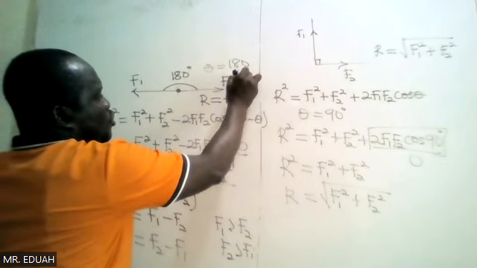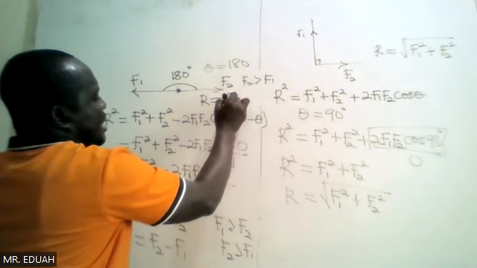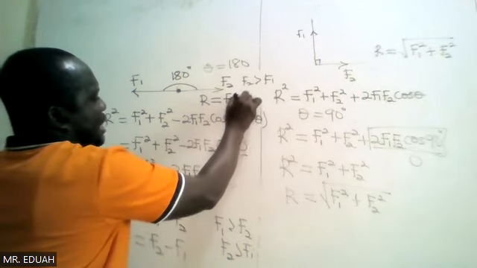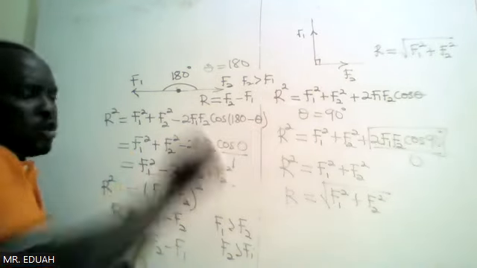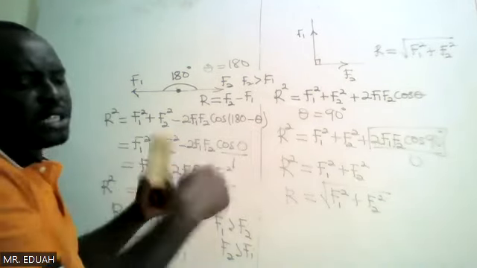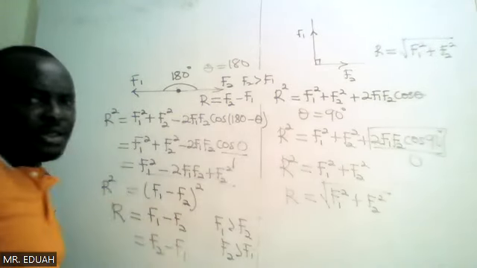So if F2 is greater than F1, then the resultant will be F2 minus F1. If it is the other way around, then the resultant will be F1 minus F2.